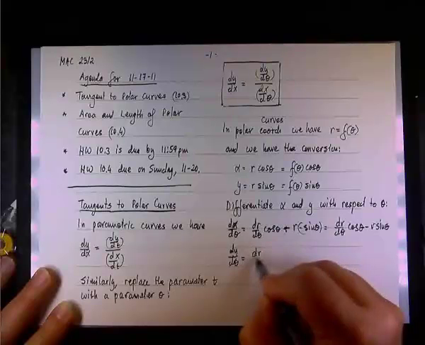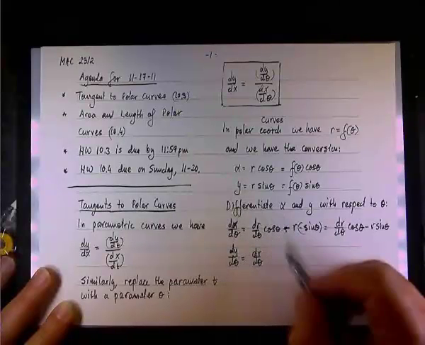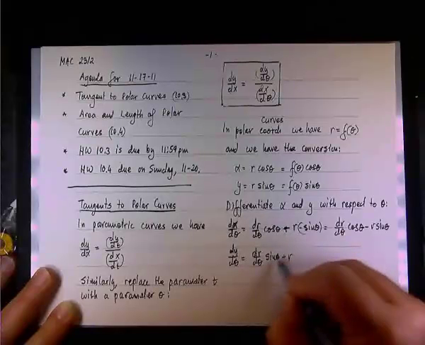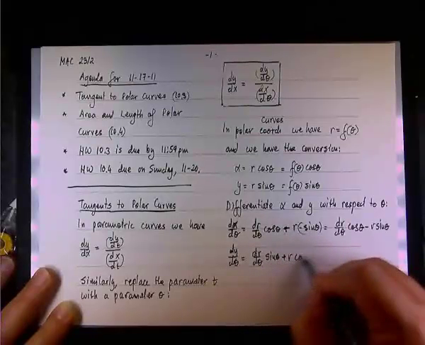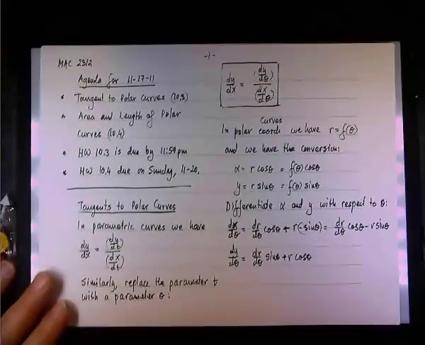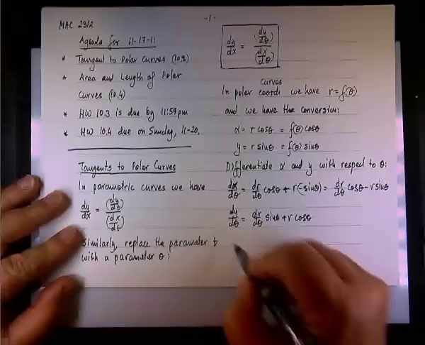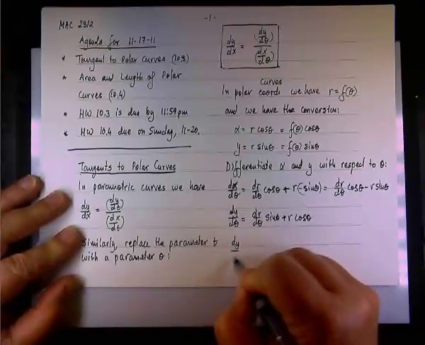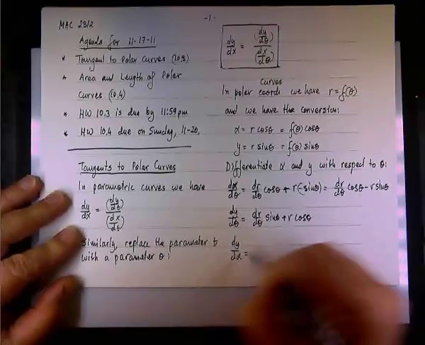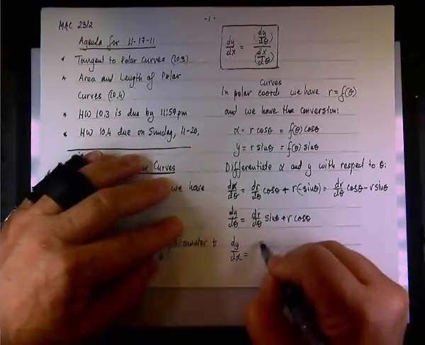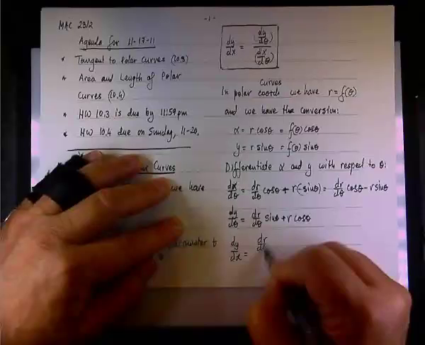Likewise, dy/d theta will be dr/d theta times sine theta plus r, and the derivative of the sine is the cosine. Putting these together, we end up having the following expression for dy/dx.